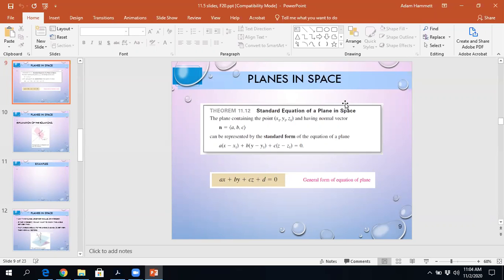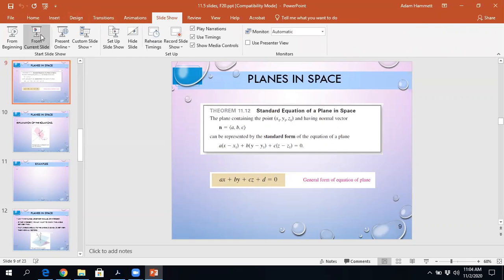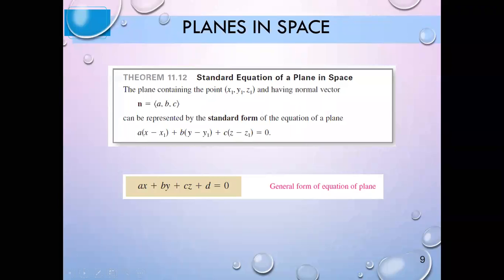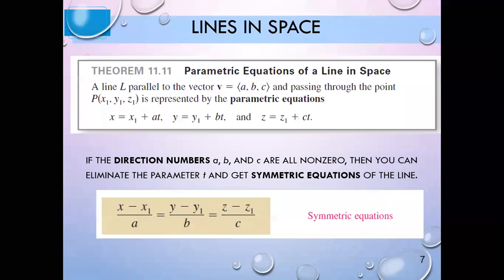Okay. All right. So, let's try, if we can, to finish this stuff about lines and planes. Now, remember, we had the line situation, which was back here. We didn't just have the parametric equations.